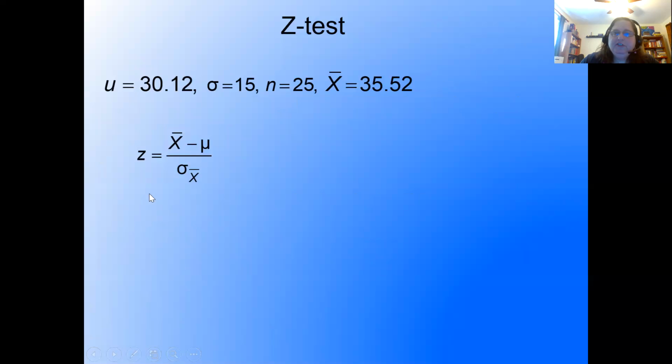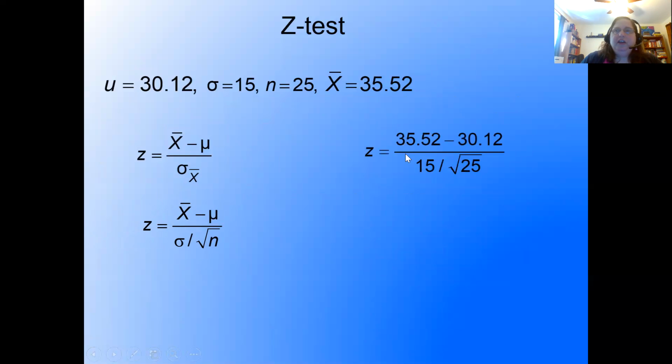I don't see sigma x bar. I don't see the symbol up here. That's okay, because I know standard error of the mean equals sigma over the square root of n. Good. I see sigma, I see n, I see x bar, I see mu. I can work with this. I have all the things I need to fill out this formula.